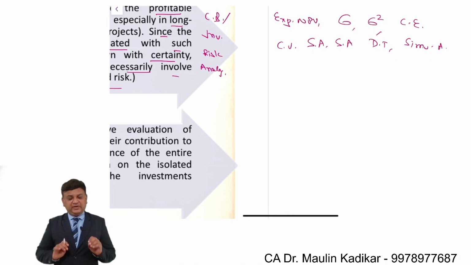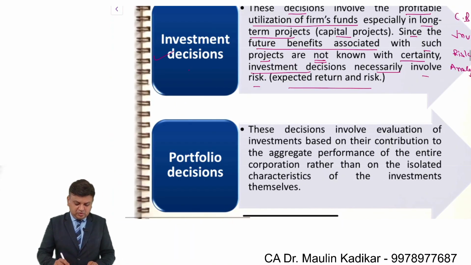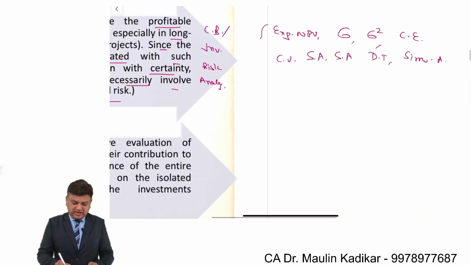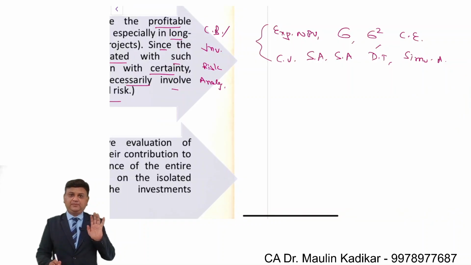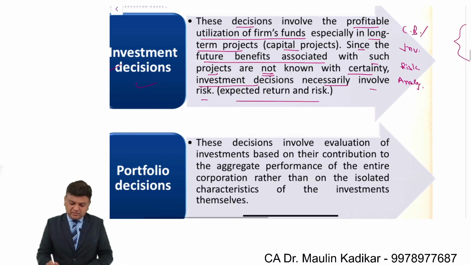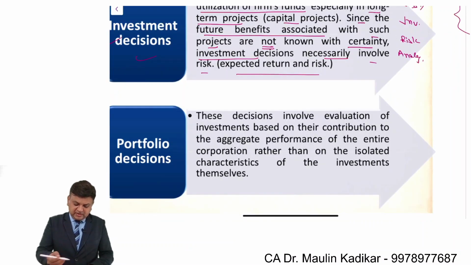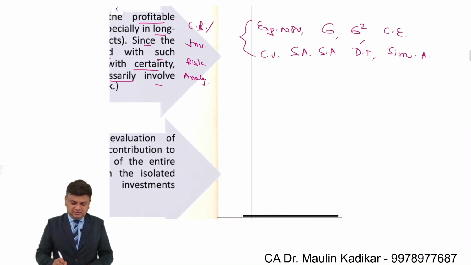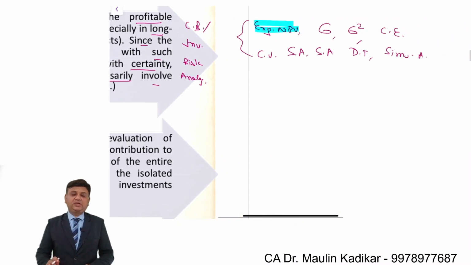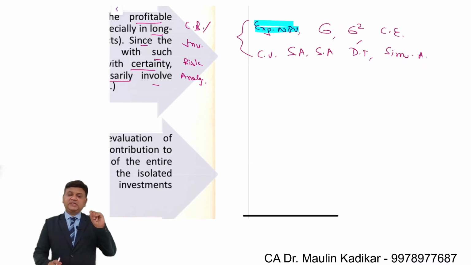And definitely friends, in this point, you may mention all these things, and that is absolutely acceptable. They have provided a reference of the risk here, and these are the measurements of the risk, which you can always mention in the examination because these are the relevant content with respect to that point.